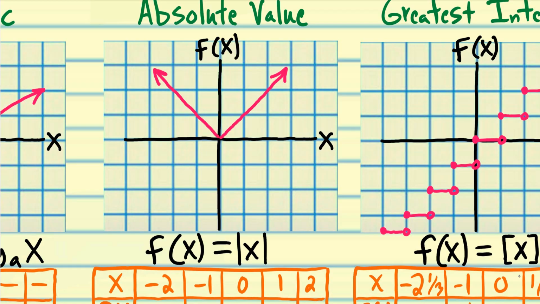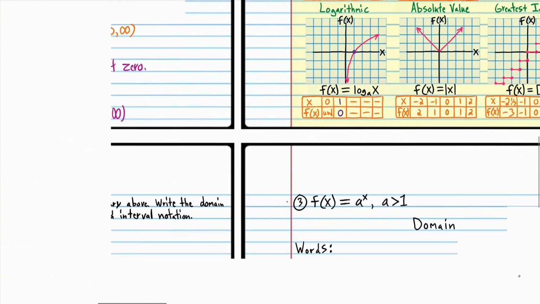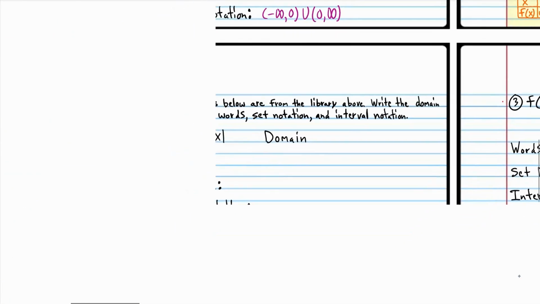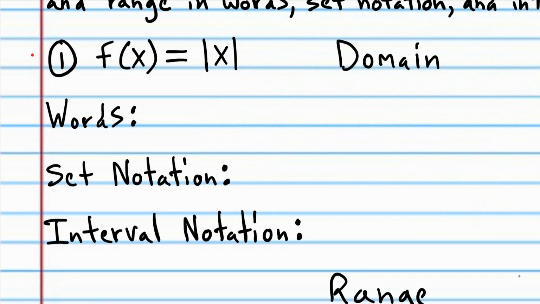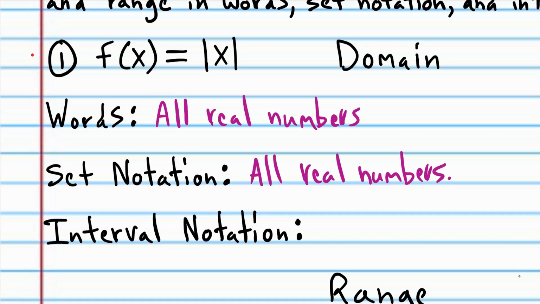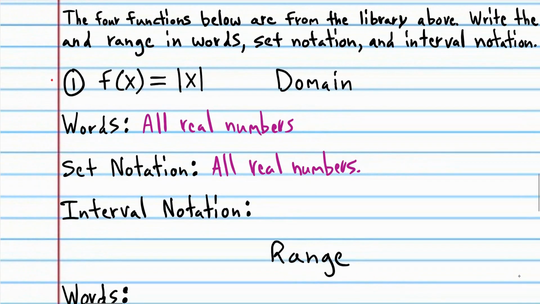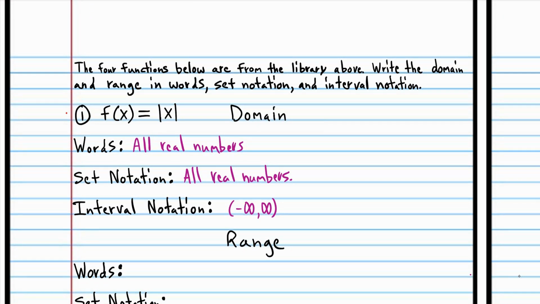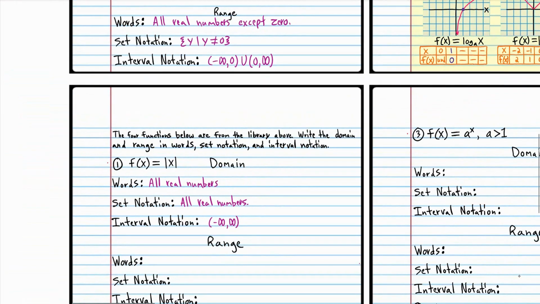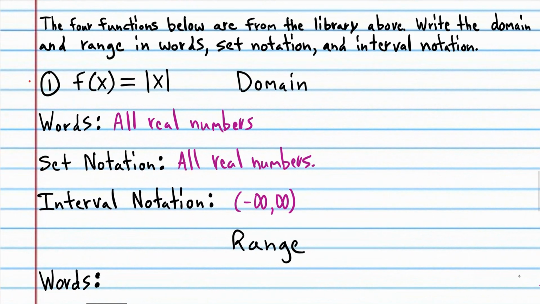The domain is all real numbers. And whenever you're writing set notation in that case, you write all real numbers in words. And in interval notation, we write negative infinity, comma, infinity. So that is the domain. There's no real restrictions for the domain.